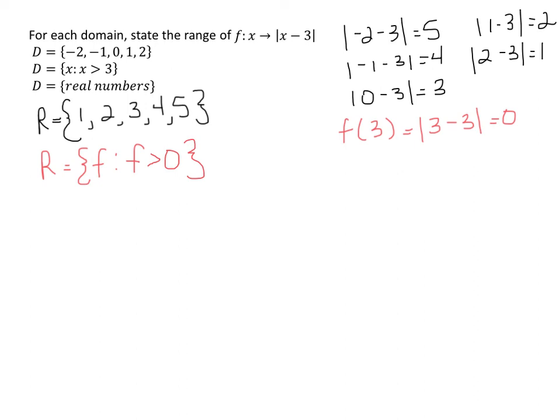The final one is all real numbers. And this is something that we need to pay attention to when we are looking specifically at absolute value functions. Now we know if we put in negative numbers like these, we get positive values like these. We know if we put in 3, we get a 0. Because this is absolute value, we'll never get a number less than 0.